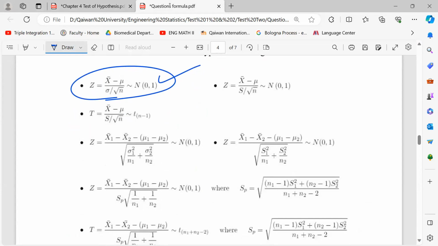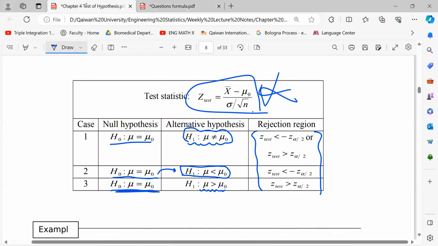This list may not be in the same order. May be this one is here, this one is there, like this. So it's important to recognize the rule in the list of formulas and also memorize these conditions. In these conditions, we reject H0.